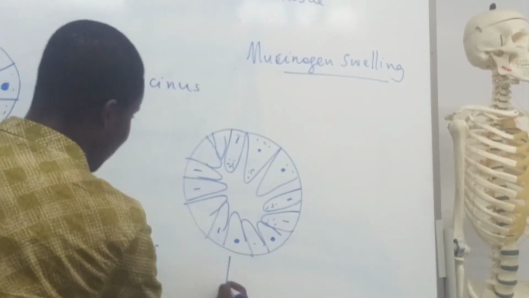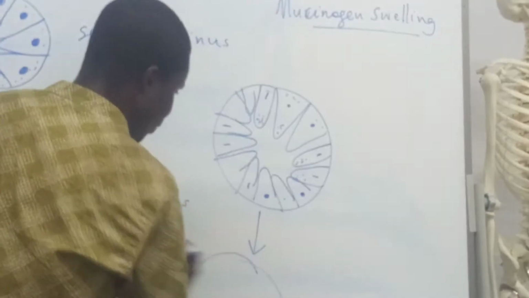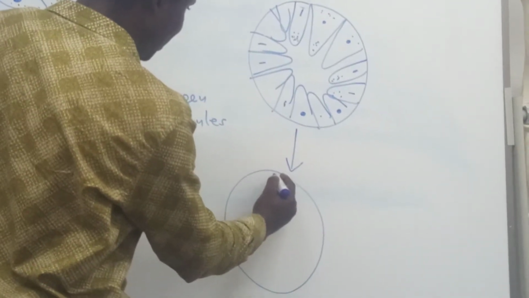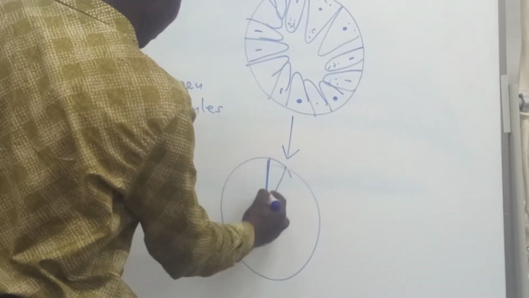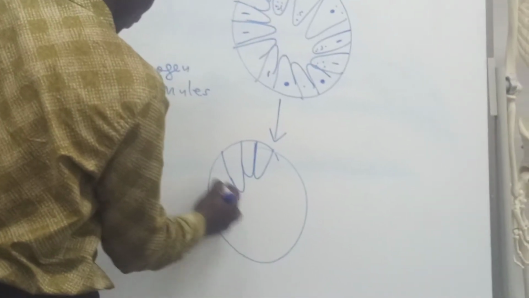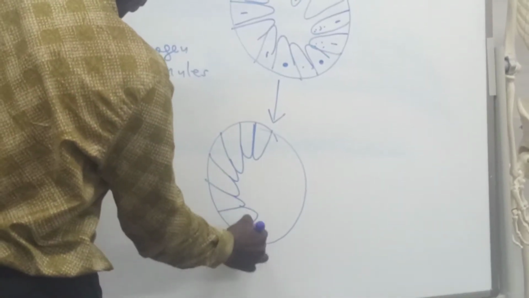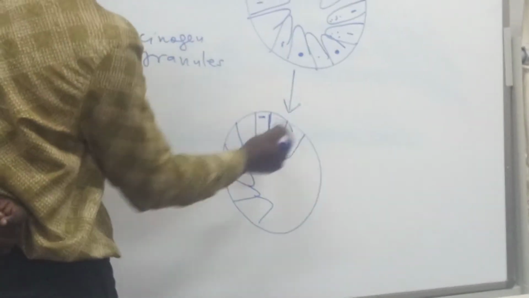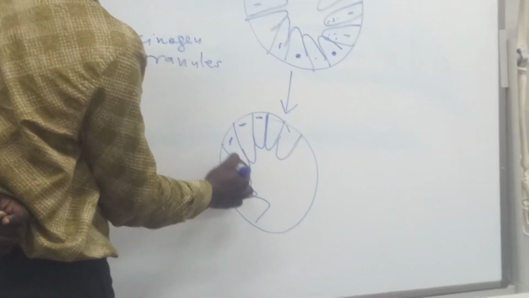At the end of the day, these columnar shaped cells will have their nuclei pushed down, so they assume this flattened nature of nuclei.